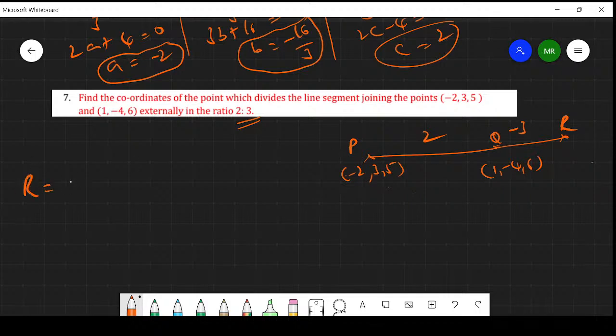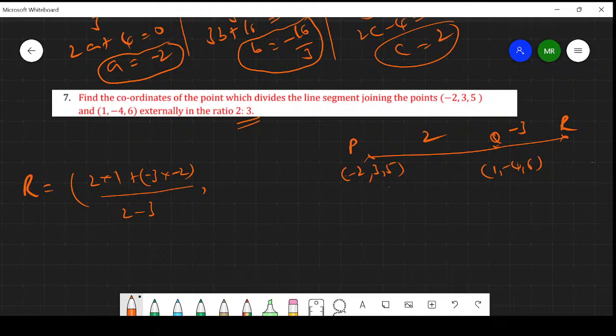So R point I can find here. You can see here 2 into 1 plus minus 3 into minus 2, because externally the ratio will be negative, it will be 2 minus 3.